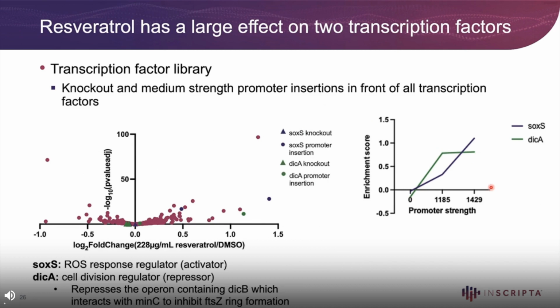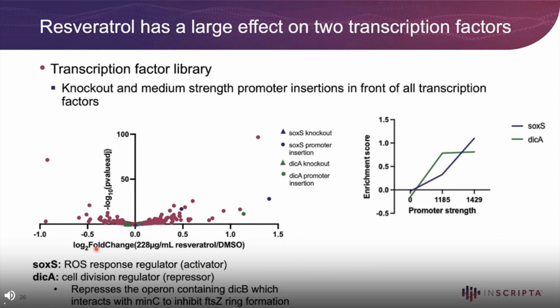So the results that we saw from this were that resveratrol is having a really large impact on 2 specific transcription factors outlined here that we thought were interesting. The first one is SoxS, and the second one is DicA. So SoxS is an ROS response regulator, specifically an activator.